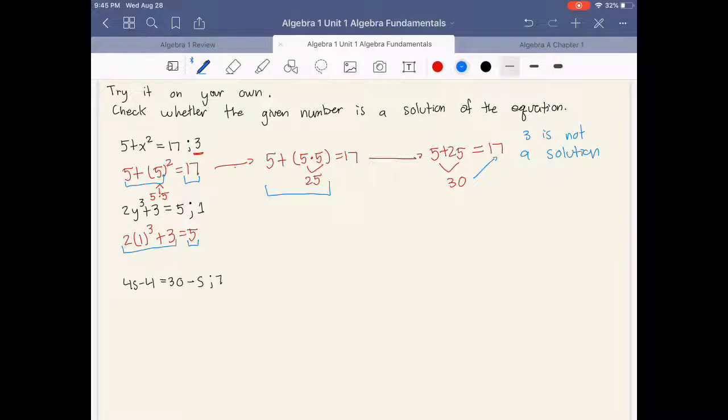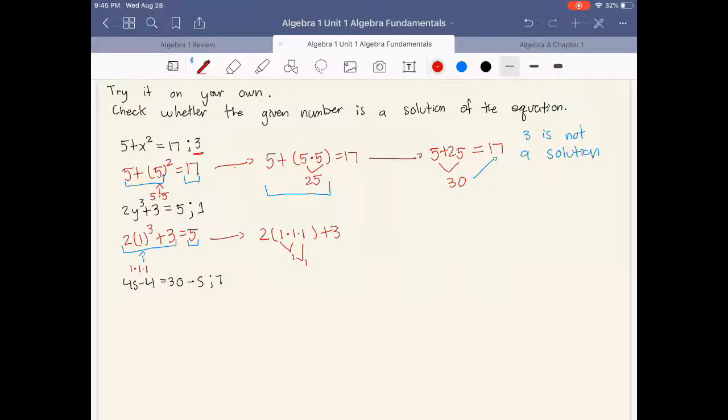Alright, so we start off in PEMDAS with exponents. So you're going to rewrite this as 1 times 1 times 1. So let's rewrite it: 2 times 1 times 1 times 1 plus 3. Now, what does this equal? 1 times 1 is 1, and 1 times 1 again is 1.